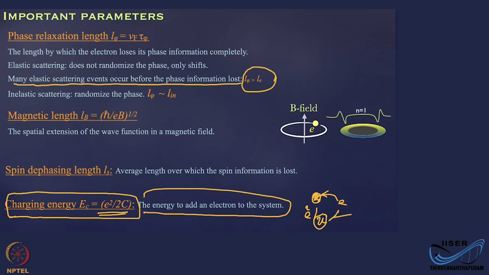In that case, this quantity can be appreciable compared to other energy scales in the system such as temperature, especially at low temperature, like below 4 Kelvin. So this charging energy is generally observed in a cryogenic environment.